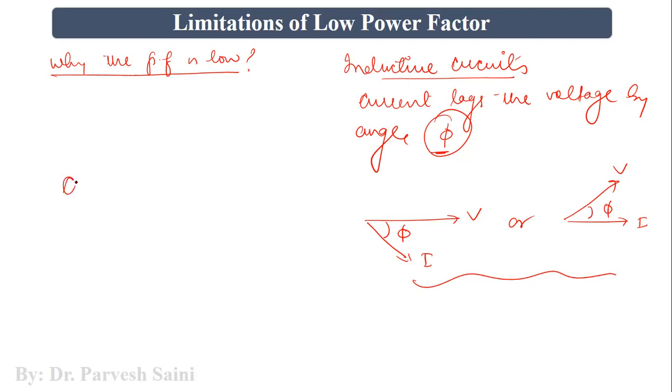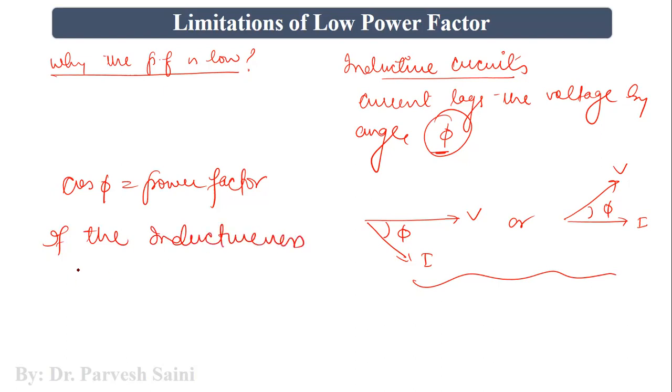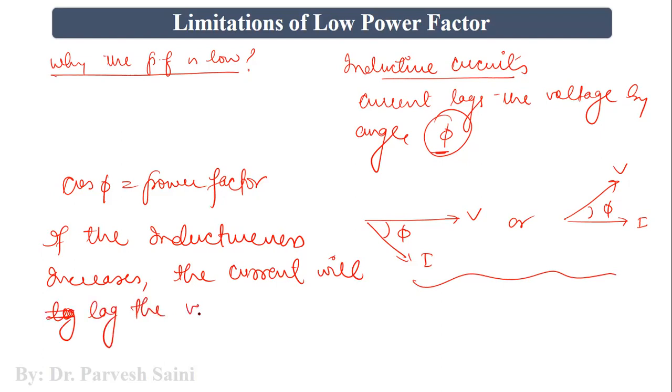Now we are saying that cos phi is the power factor. So if the inductiveness increases, the current will lag the voltage with more value of phi.